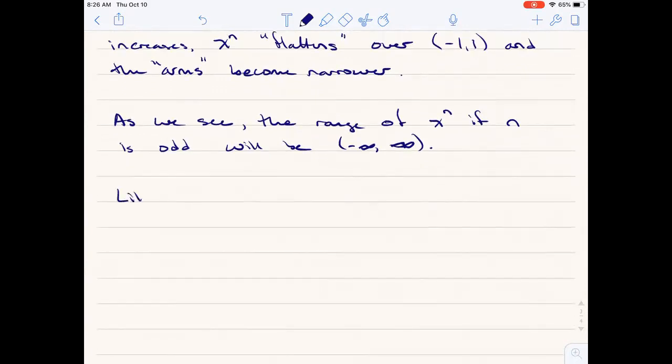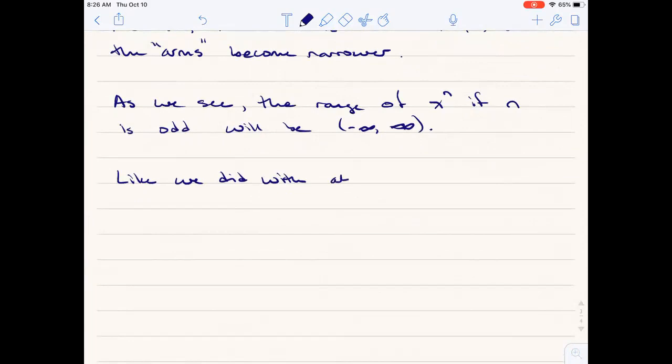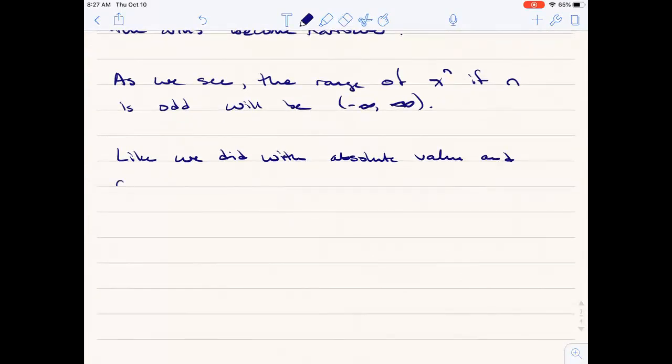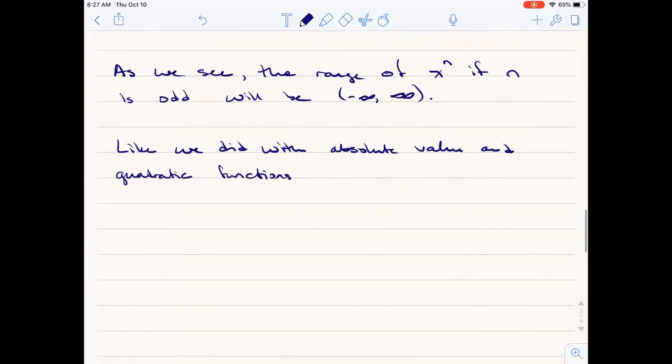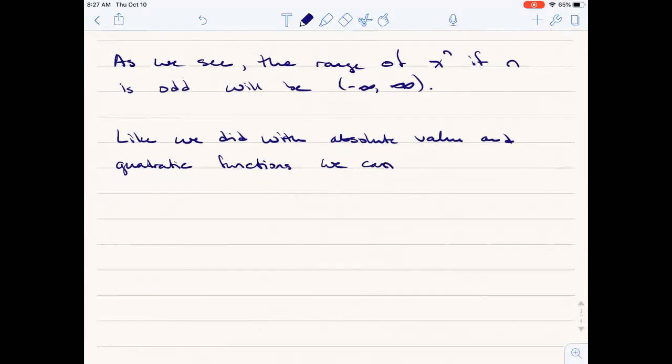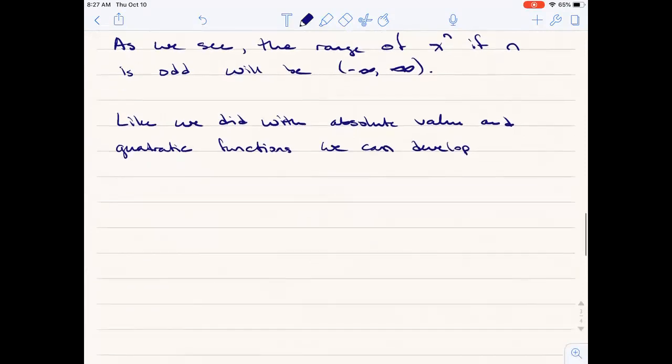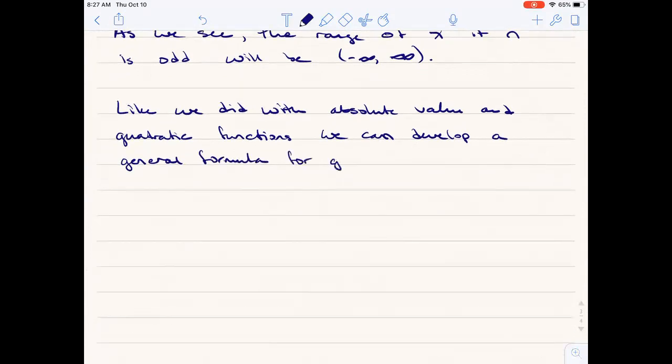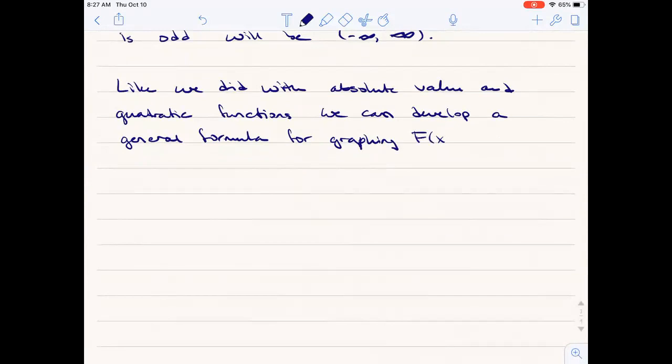So, like we did with absolute value and quadratic functions, we can develop a general formula for graphing capital F of x is a times x minus h.